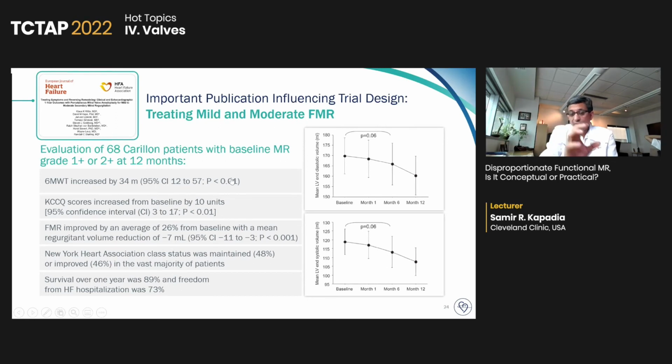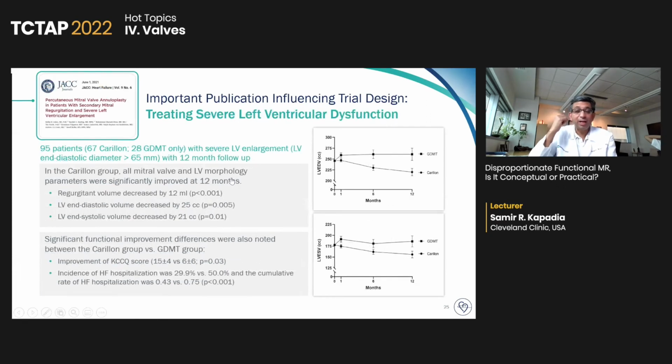Of course, this is a small number of patients, which is why we are doing a large trial. But an important thing to keep in mind is that this device is 10 French IJ. So it's like putting in a Swan, and you're putting a device in somebody with very little risk. So even if it does not provide a great benefit, at least we are not creating harm, and we are not eliminating any future options.